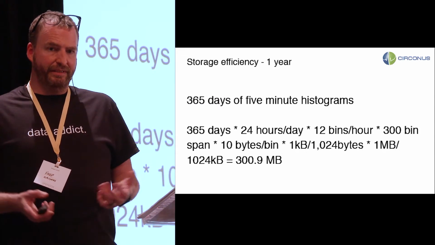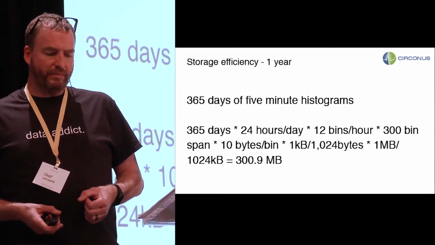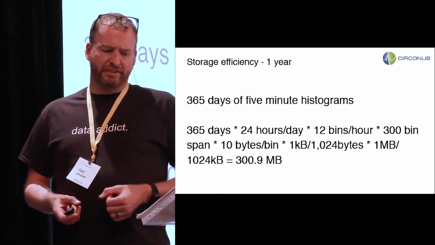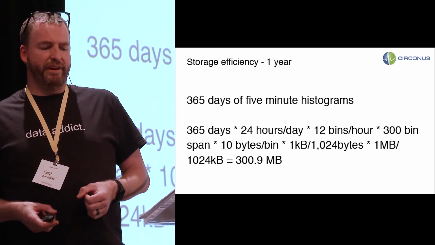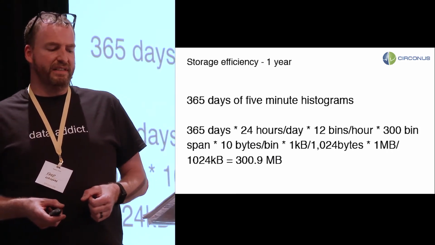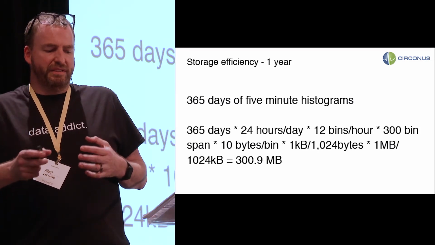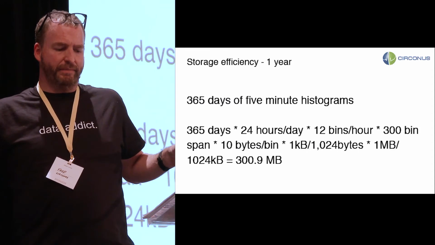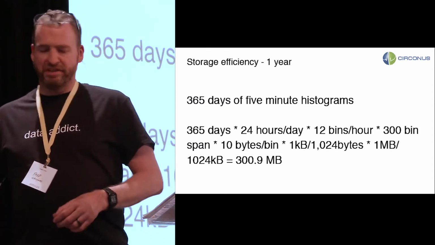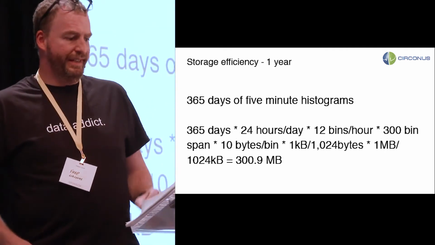So again, on most modern systems, that's sub-second read. And if you'll notice, the total number of samples is somewhat invariant to the total data set size. The biggest factors in how much data is stored are the span of bins that you're covering, where we found 300 to be about the maximum, and also the compression factor for bin. We're using variable bit encoding, so that can change.